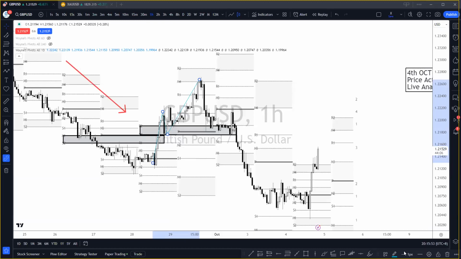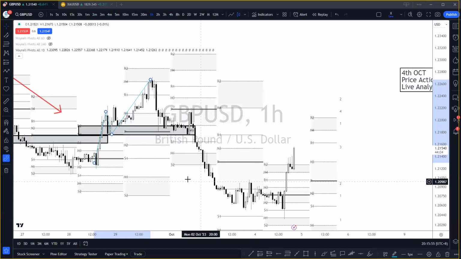So the expectation coming into this daily support level was for it to bounce up again from here, and the target would have been a higher high on this M4. Clearly, there was a bounce up, and it broke below this level again.